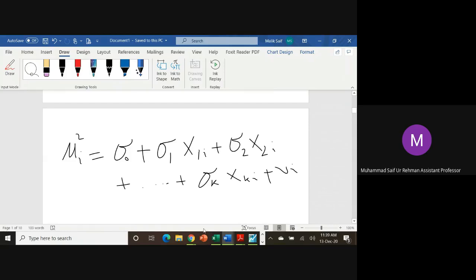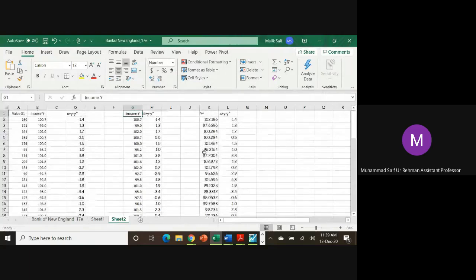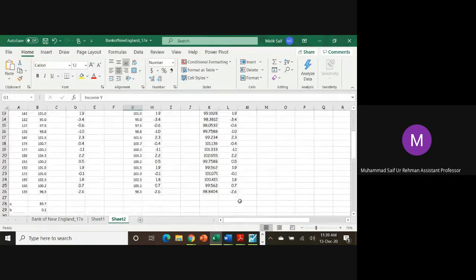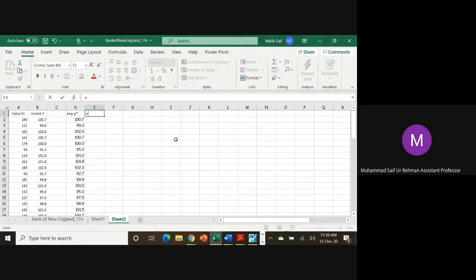For this, come over here in the Excel. There is no need of this whole. According to the Breusch-Pagan test, you have to take the square of residuals. So how will you take the square? Square these values.